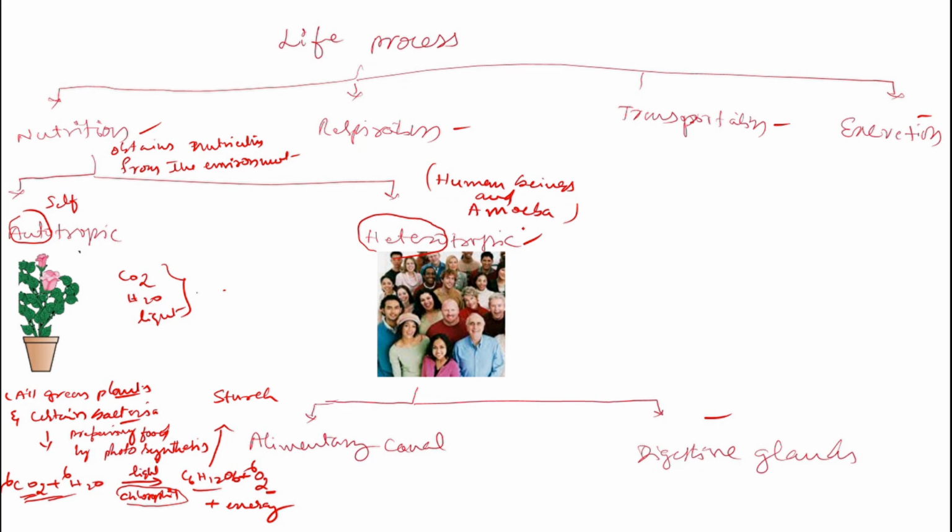First we will see human beings. Heterotrophic nutrition in human beings involves the alimentary canal and digestive glands. This one by one we will see now.